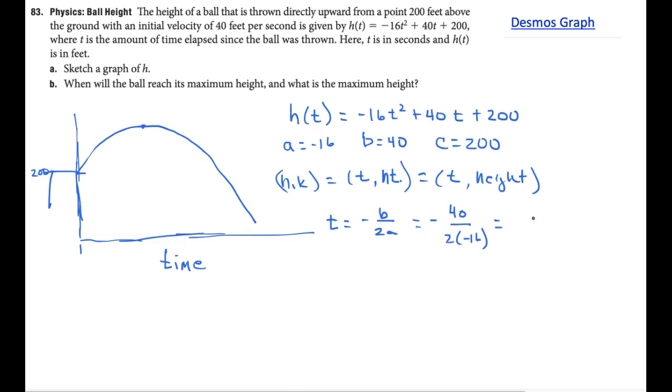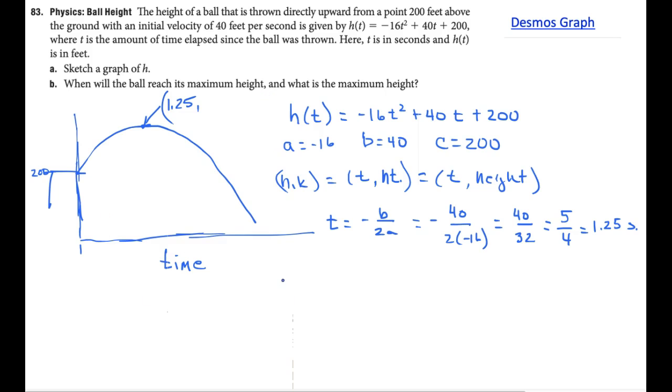So what we get here, the negatives are going to cancel out. We're going to get 40 over 32, which is 5/4. And you can also write 1.25 because that makes a little bit more sense because we're talking about seconds. So this happens right here at 1.25 seconds. Okay, so that's our x coordinate.